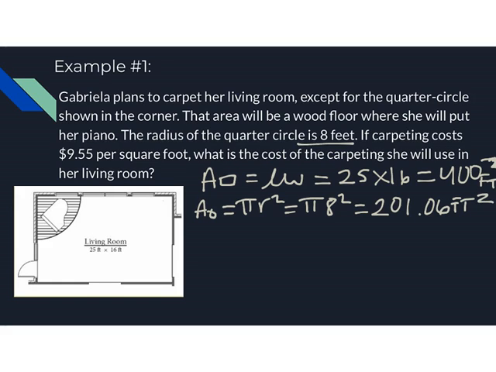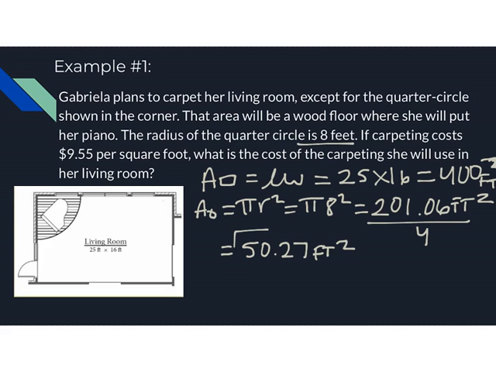But this is for a full circle. I have a quarter of a circle, so I need to divide this amount by 4. When I divide that by 4, the area of that quarter circle is 50.27 feet squared.